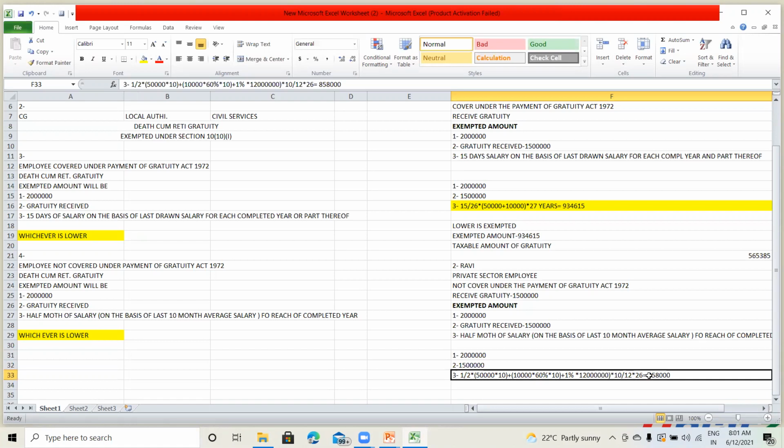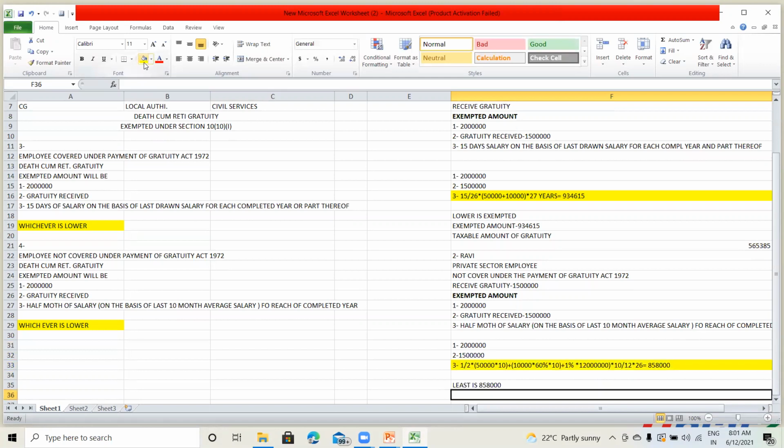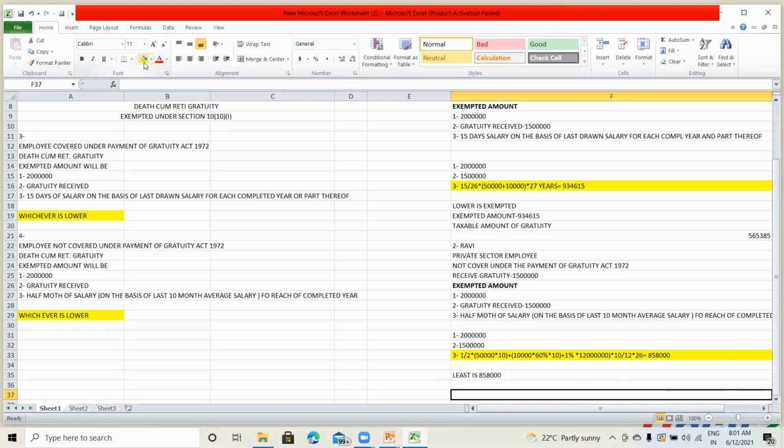So the exempted amount will be the least of the following, and the least is 8 lakh 58,000.